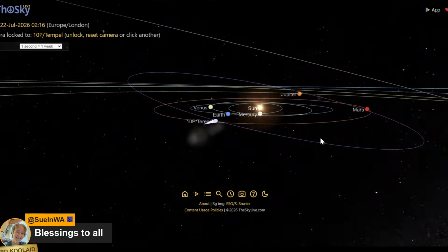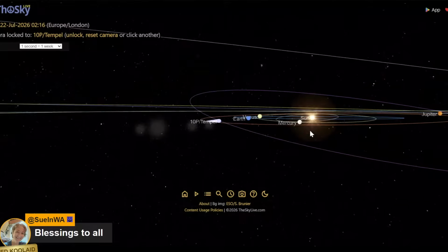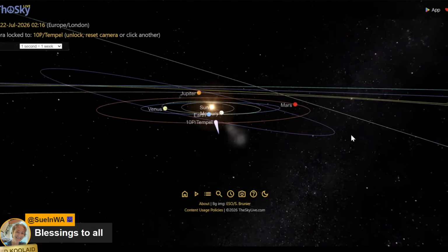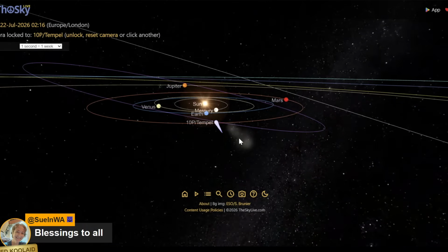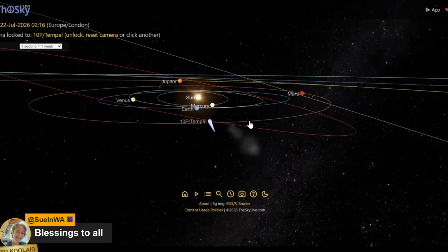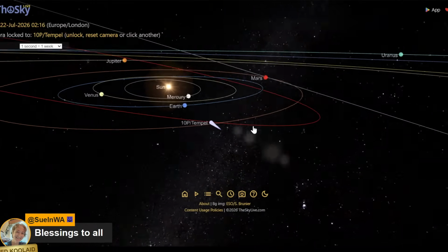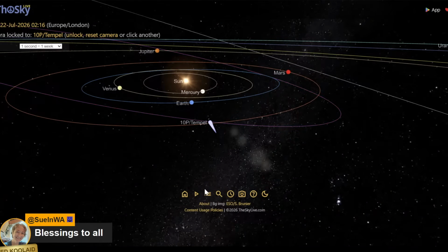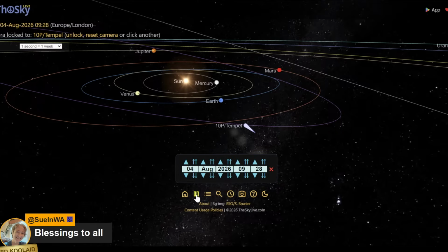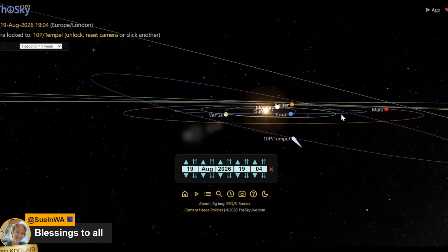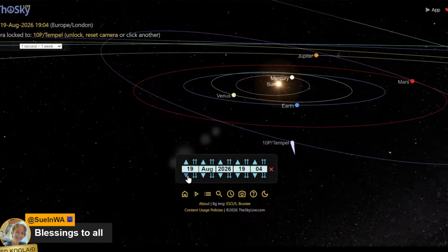Okay, it's a 3D model. I mean, you can look at it from any angle that you want. So if we're looking at the sun from Earth's angle, I can zoom in too. See? It's a really cool thing. It really is. So if you guys have the chance to see that, you can also put it in motion. See? So it's a really cool tool to have. I'm thankful for it. I can tell you that.